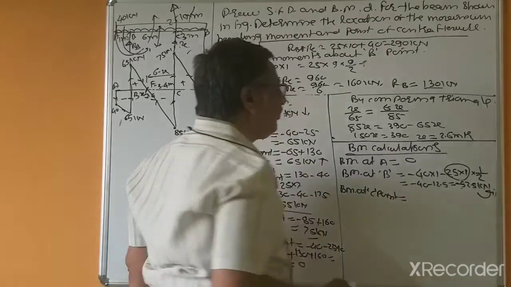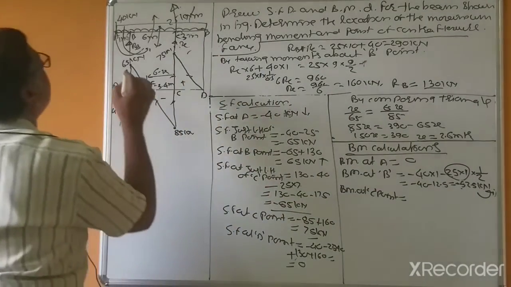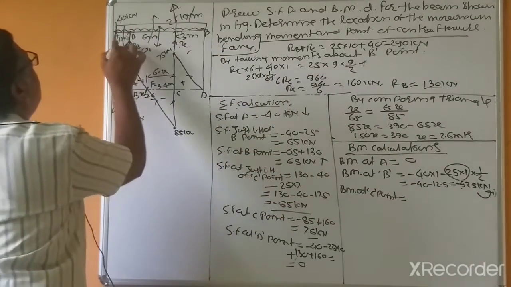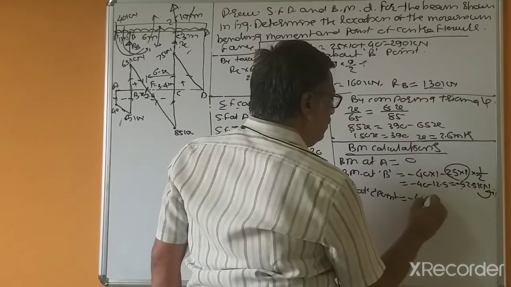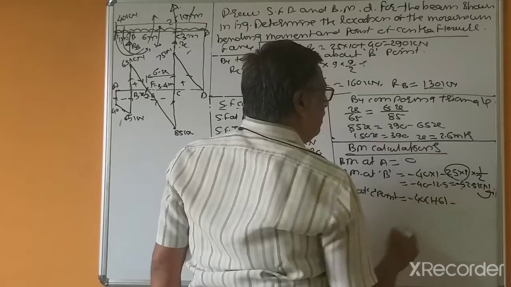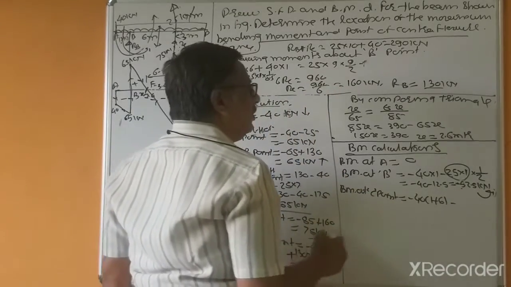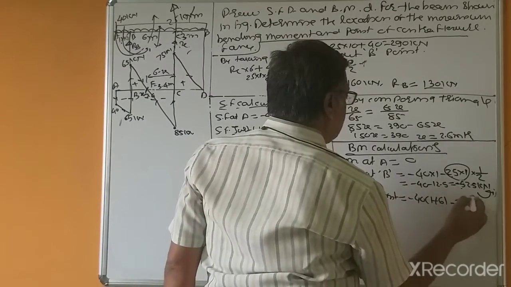So the bending moment now at C point. At C point the distance increases. This is 40 into 1 plus 6, anti-clockwise, minus 25.